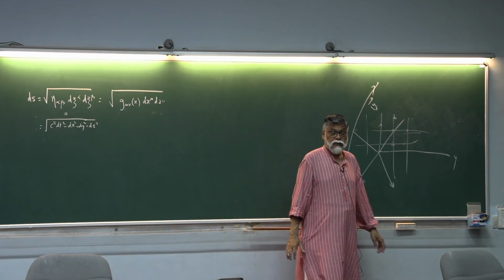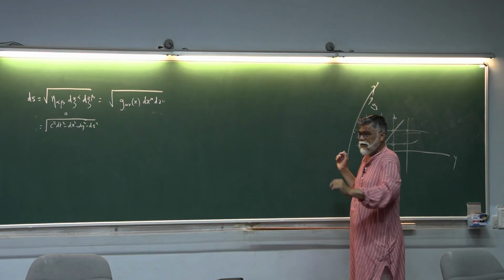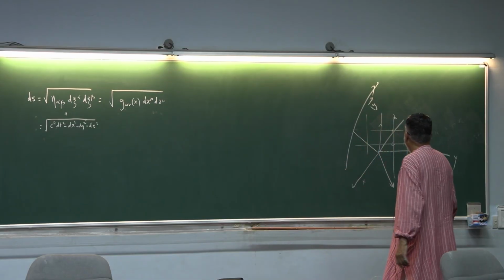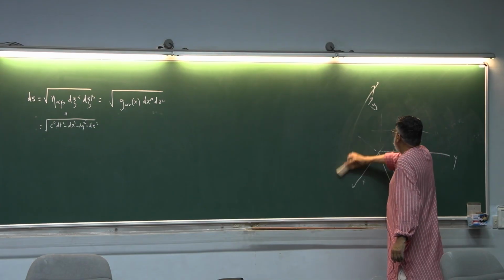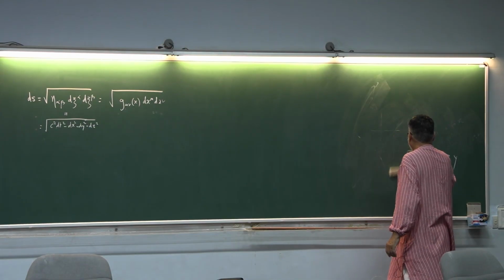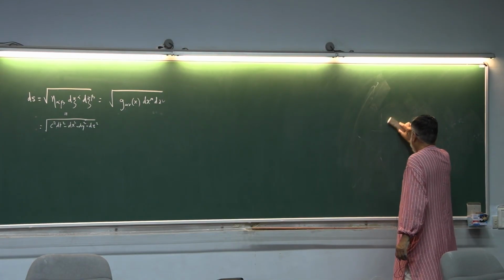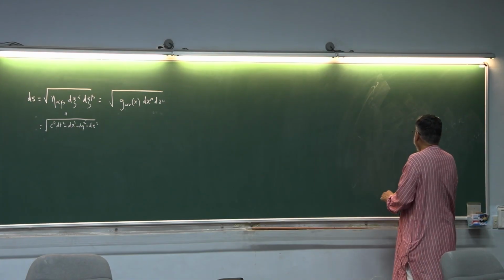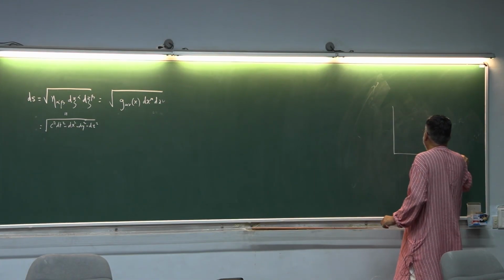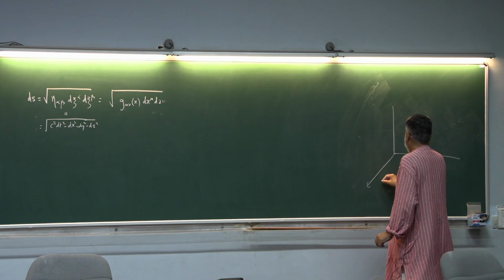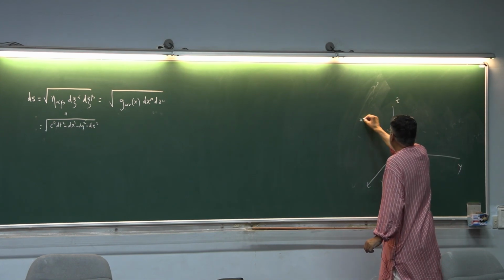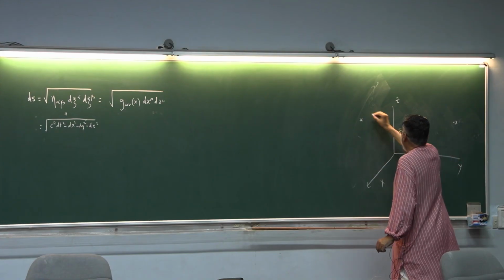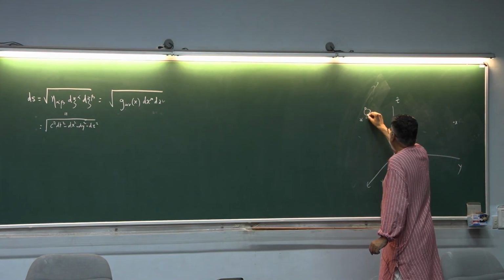Okay. So now we were talking about synchronization of the clock. In a given inertial frame, so this is one inertial frame, here there is a clock, here there is a clock, they are all good clocks.